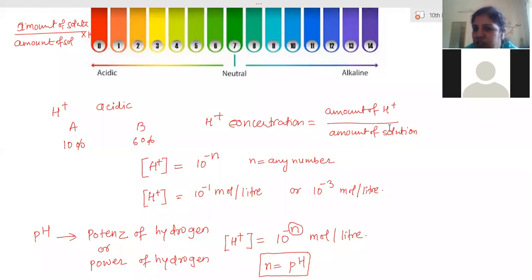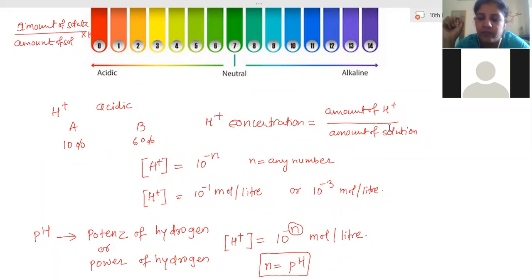In that exponential form, the value n, 10 to the power of some negative value, we do not consider the minus sign, we only consider the magnitude n. That value is considered the pH value. Is that clear? What do you mean by pH?